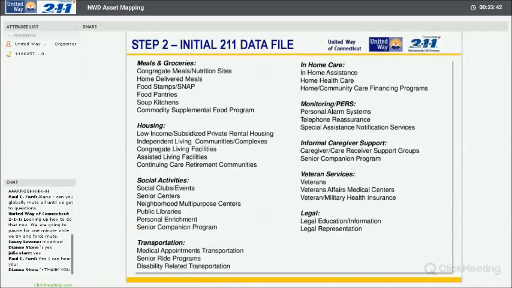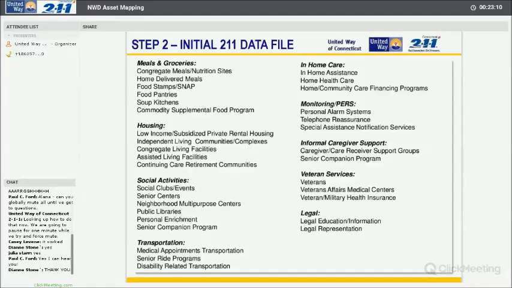So this is a little bit what I was referring to before. The initial 211 data file, that Excel sheet that I sent the 3 communities last week: these are the categories that we pulled from the 211 database, and under each category, you'll see the actual taxonomy terms that we pulled. Again, not exhaustive.